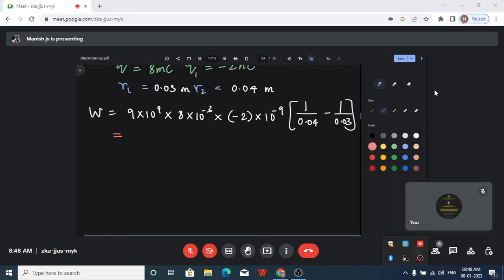How much is 9 into 8? 144. Minus 144. Okay, minus 144. Perfect. 10 to the power of minus 3. Okay, you have minus 3 plus 9, minus 9. Anyways, you get cancelled off. Good. Into 0.03. Okay. Yes, 0.24 divided by.